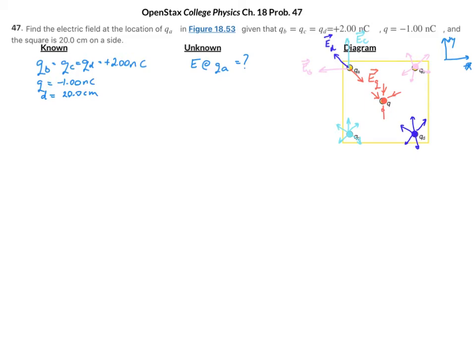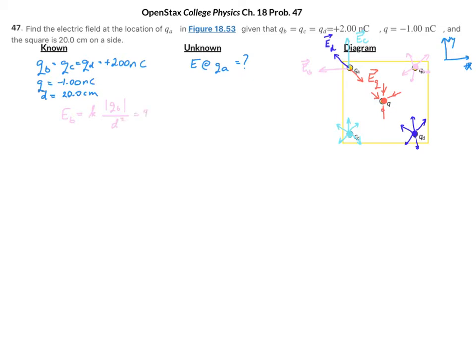So E sub B is going to be K, absolute value of QB, divided by the distance squared. So the distance is from charge B to charge A, and we're told that that's 20 centimeters. I just called it D. So we have D squared.